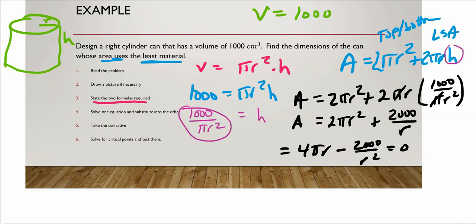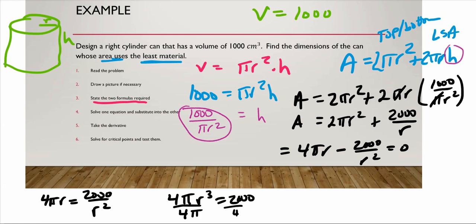I move this over, which gives me 4 pi r equals 2,000 over r squared. I cross multiply, and I end up with 4 pi r cubed equals 2,000. I divided by 4 pi.